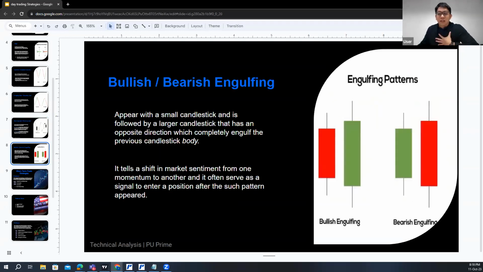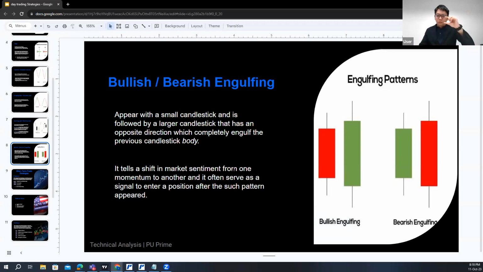Another one that I found very useful is the engulfing. Engulfing is like one candlestick being bigger than another, just like the name itself, engulf. We have two different engulfing patterns, the bullish engulfing and the bearish engulfing. The bullish engulfing appears after a bearish trend.